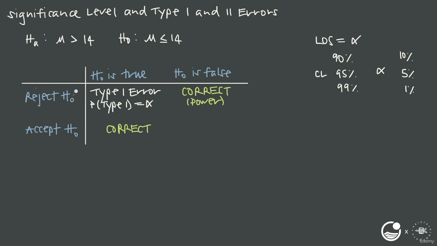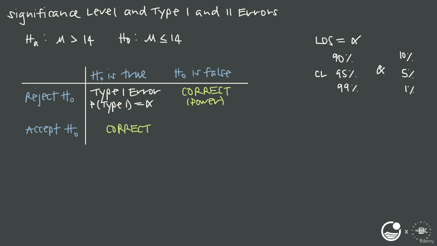So if we reject the null when it's actually true, we make a type 1 error or we commit a type 1 error. And the probability of committing a type 1 error is equivalent to the alpha value, where that alpha value is the complement of the confidence level, which we've talked about before and which we outlined here. Which means that when we decide on an alpha value, what we're really deciding on is how much we want to risk committing a type 1 error.